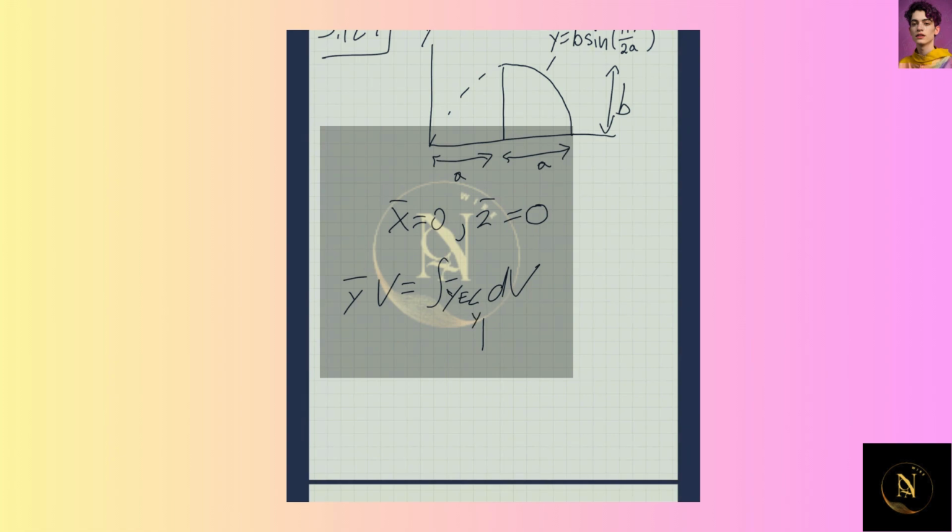So if we draw out what it looks like when it's revolved around the y-axis, it looks a little bit like this.